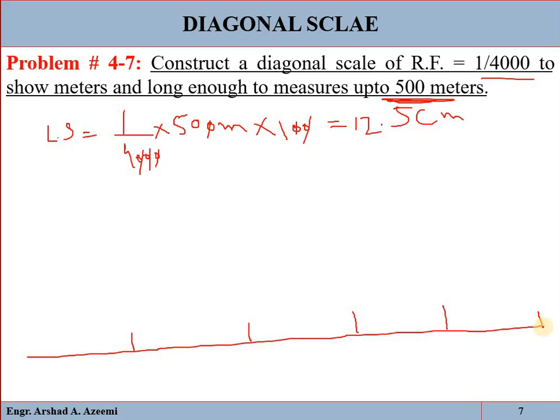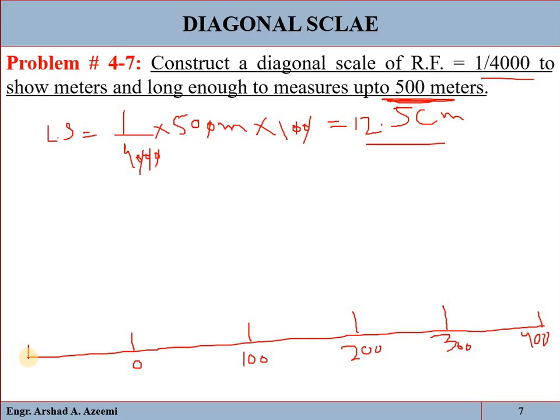So we have divided the 12.5 centimeter line into 5 parts. So each part will represent 100 meter, 100 meter, 200, 300, 400, and the 100 is on this side. So the total line is representing 500 meter distance.